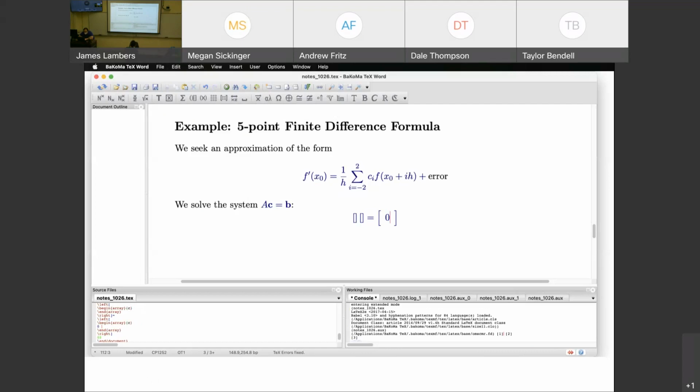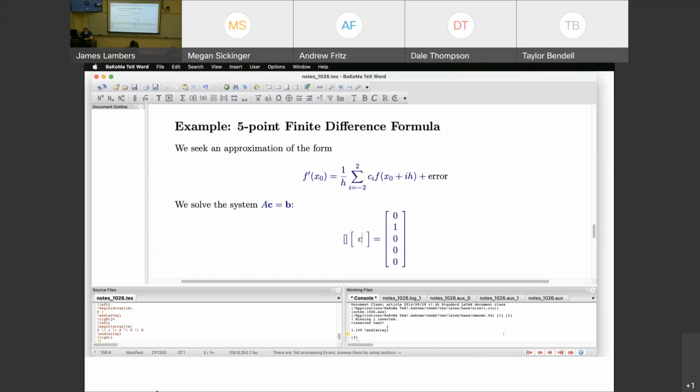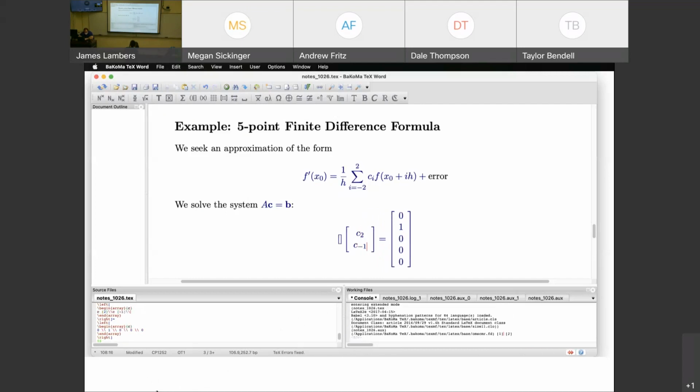There's a vector of 0, 1, 0, 0, 0. So the second element is 1, all of them are 0. My solution, I'll have a coefficient c to the minus 2, c to the minus 1, c0, c1, c2. The minus was not typed for some reason. Okay, so this is for f of x naught minus 2h, f of x naught minus h, x naught plus h, x naught plus 2h.